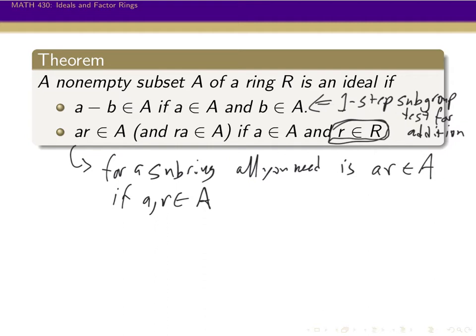Even though this is listed as a theorem, there really is nothing to prove here. Wrapped up in this is both the definition for subring and an ideal. And so the statement of the theorem pretty much proves it.